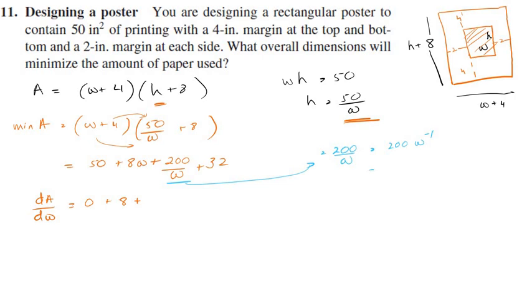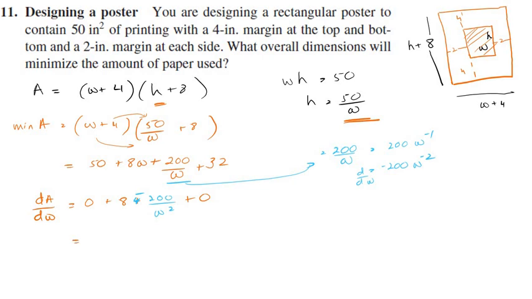When you differentiate it, using the power rule, you multiply by the power and get minus 200 W to the minus 2, so negative 200 over W squared. And when you differentiate a constant, you get 0.